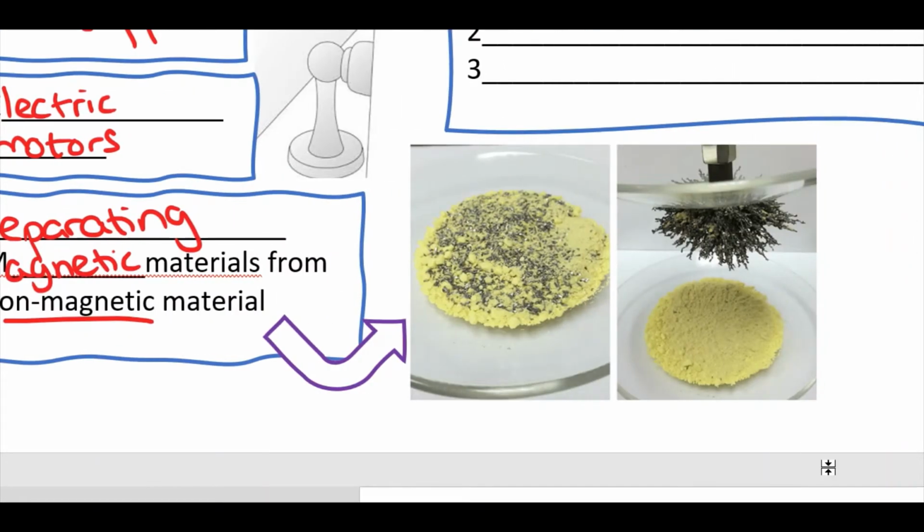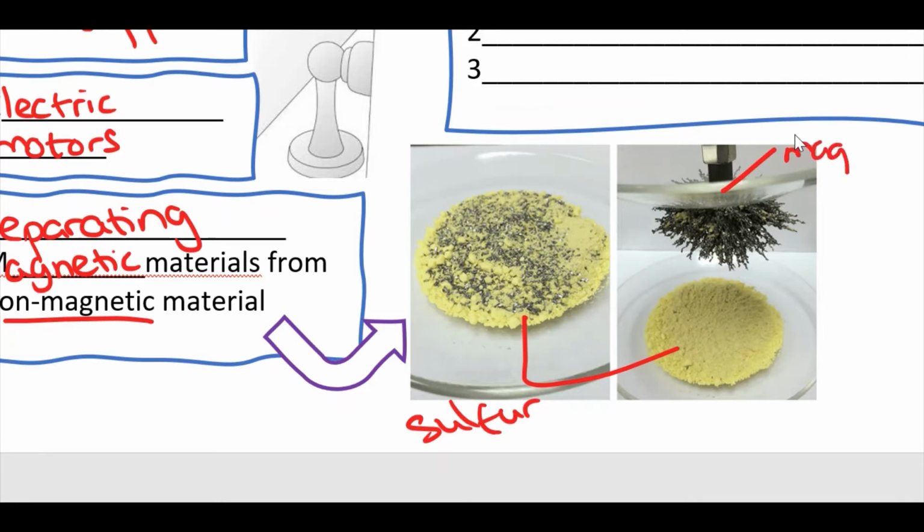So what you see over here is a classic example of an experiment where they separate magnetic materials and non-magnetic material. This yellow thing right here, this is sulfur, which is a non-metal, and all non-metals are non-magnetic. And this one right here is a magnet.